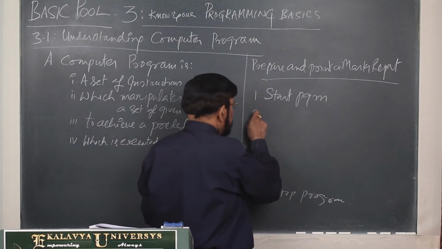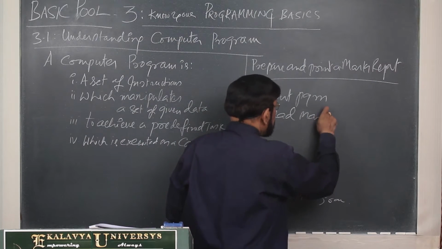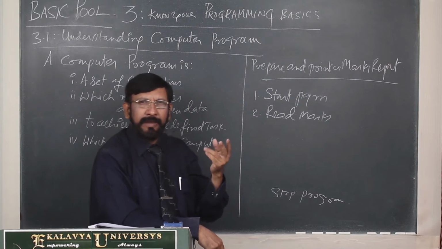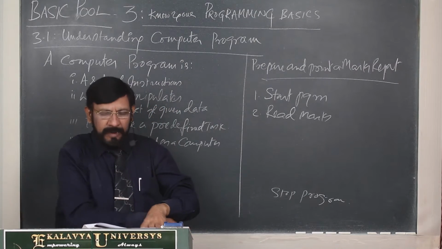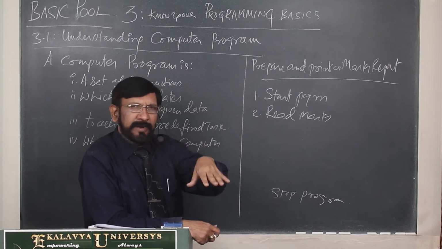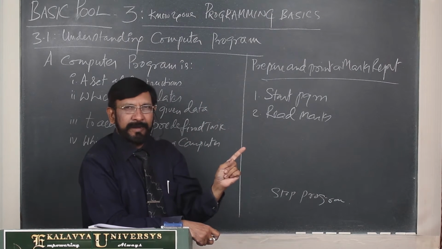The second one is read marks. Read marks, two words, two terms you have to understand: reading and writing. These are very commonly used in all programming languages. Reading means when you enter data, computer accepts the data. That process is called reading.